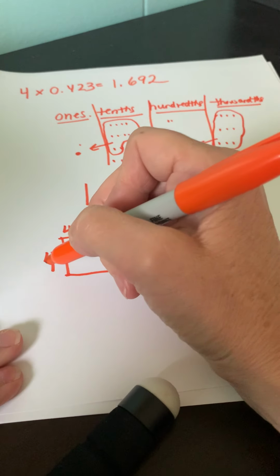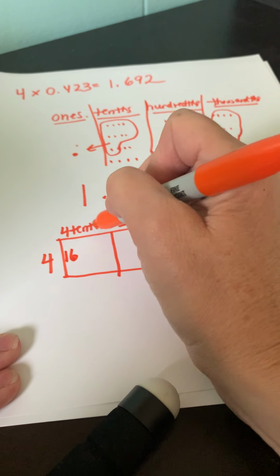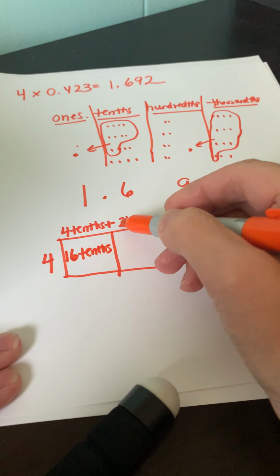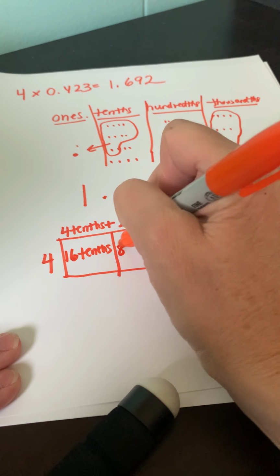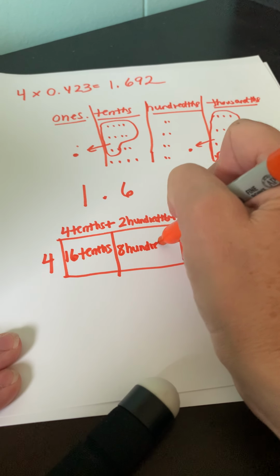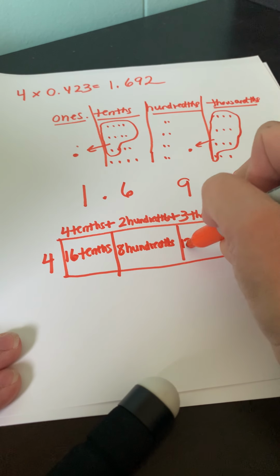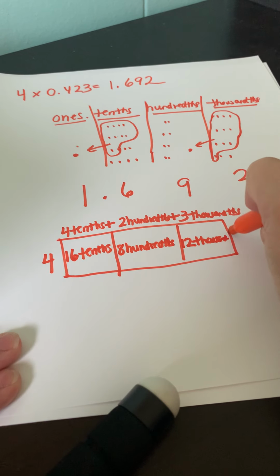All right, so you said 4 times 4 is 16, so 4 times 4/10 is 16/10. 4 times 2 is 8, so 4 times 2/100 is 8/100. 4 times 3 is 12, so 4 times 3/1000 is 12/1000.